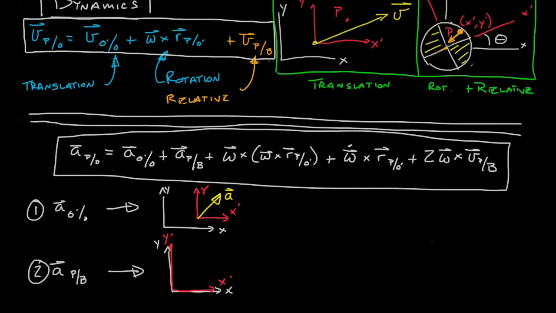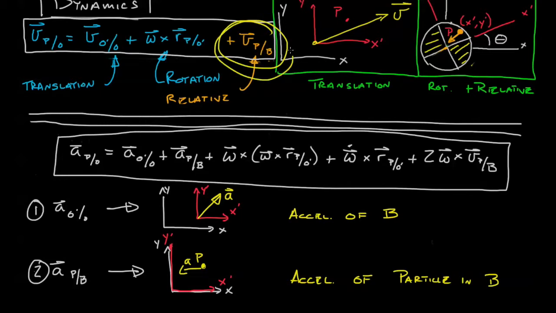However, in this case we have some point P and it is accelerating, say right here. It has some sort of acceleration. The second term accounts for the acceleration of the particle. And while we're at it, the first term accounts for the acceleration of B, the acceleration of the moving coordinate frame. This corresponds to what we looked at earlier in our velocity, the relative velocity. This is like the relative acceleration.